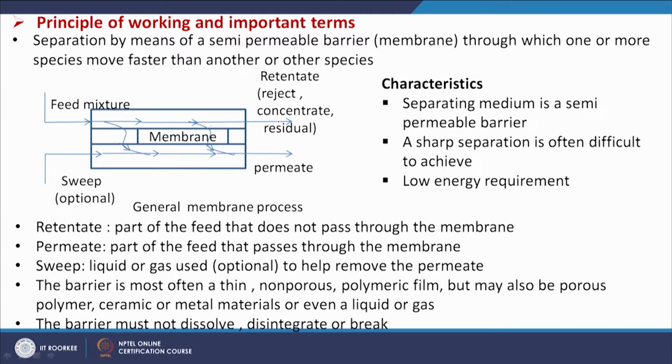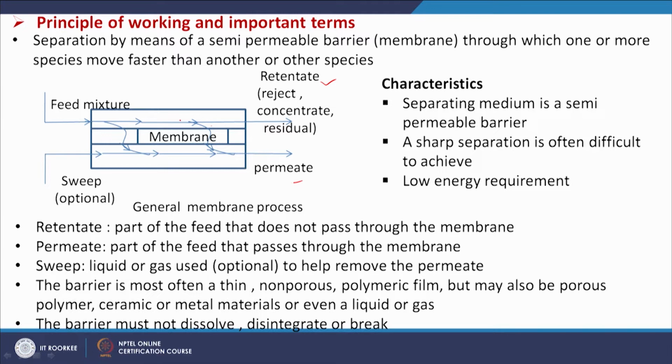So, this part which we are getting is the retentate or reject, and this is the concentrate, and here we are getting the permeate. So, pure water will come here and pollutants will be available in the concentrate here. So, this is the retentate and this is the permeate. So, this is the mechanism.